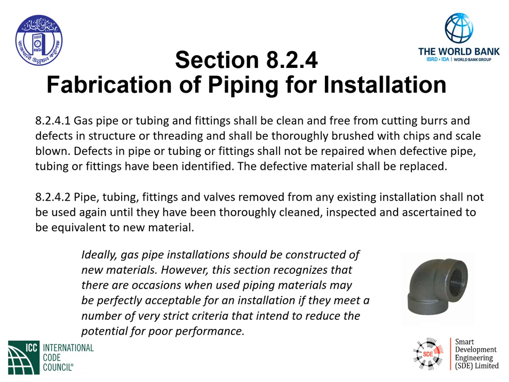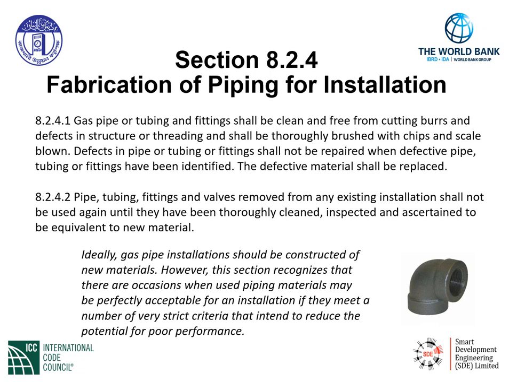Defects in pipe or tubing or fittings shall not be repaired. When defective pipe, tubing, or fittings have been identified, the defective material shall be replaced. Again, we want to install a good, clean, adequate piping system that meets the design.